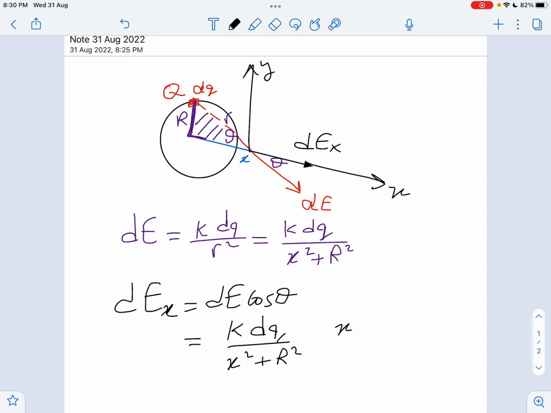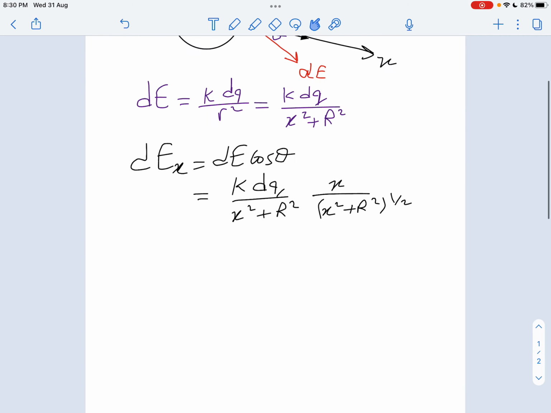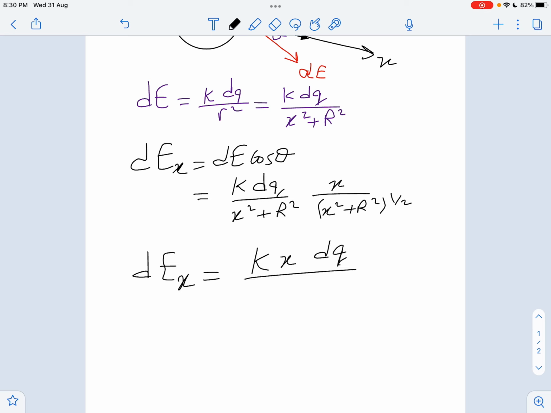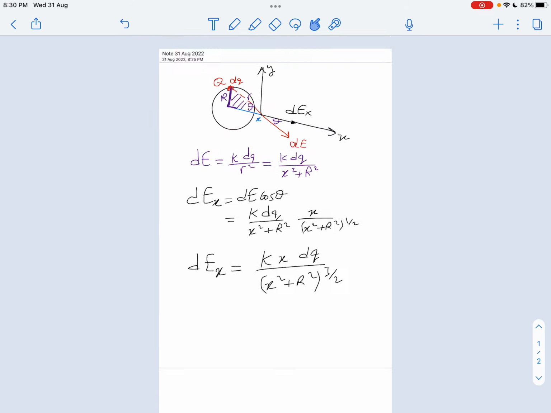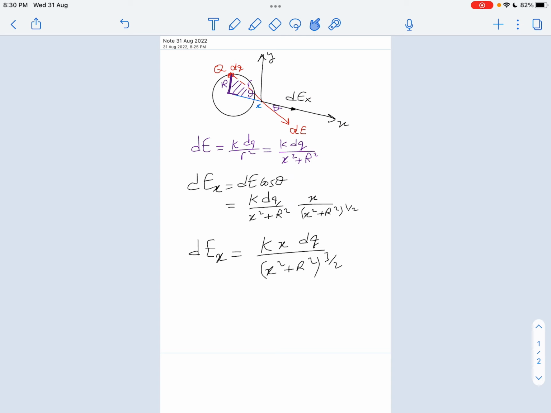The adjacent is x and the hypotenuse is simply the square root of x squared plus R squared, or x squared plus R squared power half. So dEx is equal to k x dq over x squared plus R squared power 3 over 2. Now, this dEx is the x component of the electric field created by dq.